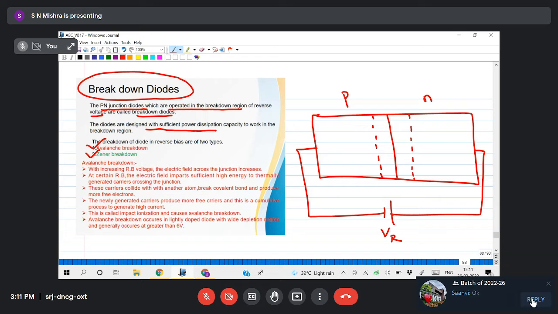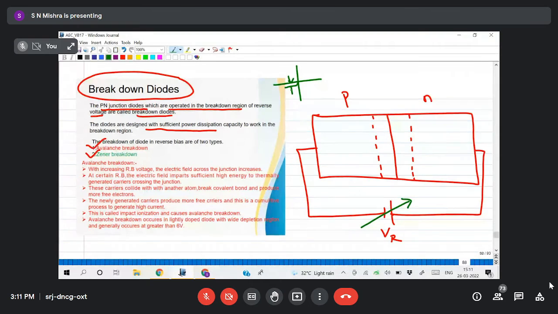Now, when I increase this voltage, initially there is a very small leakage current. If I draw the characteristic, it will be like this. Initially the leakage current is this much. I keep increasing the voltage more and more. After a certain voltage, the current will increase from this point.